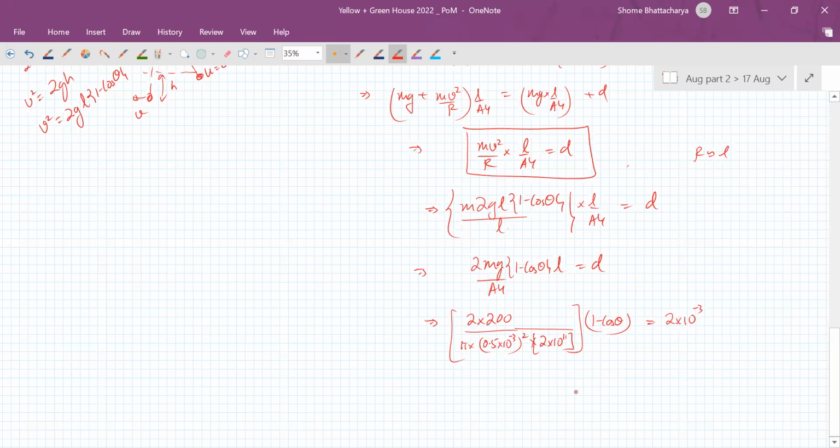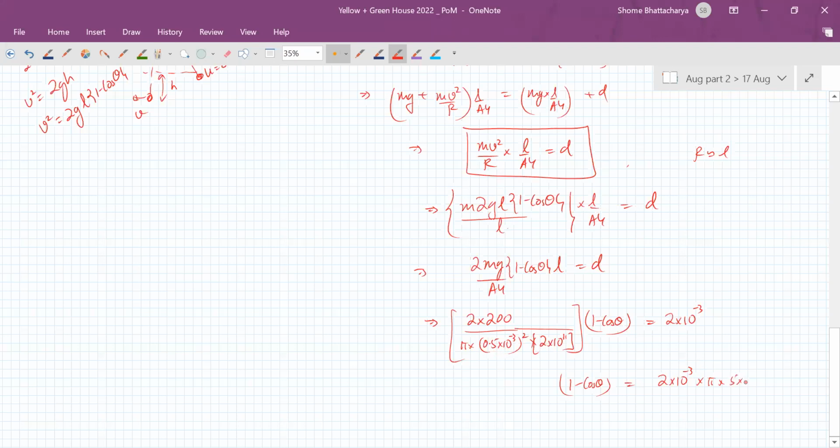So when we do this calculation, we'll see that we'll get 1 minus cos theta to be, I think, a reasonably small quantity. So we can do approximation. See that this will become pi into 0.25 into 2, so that will be 0.5.